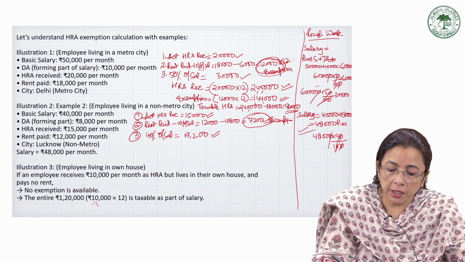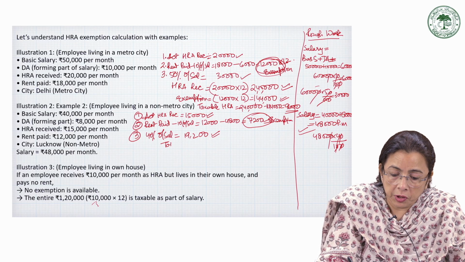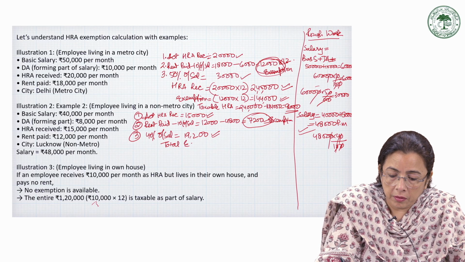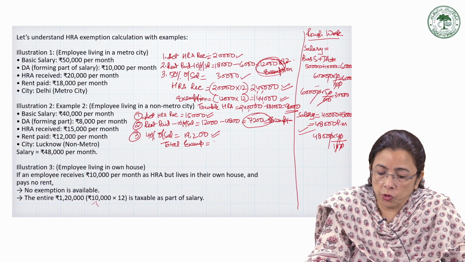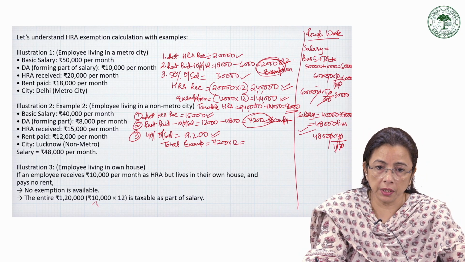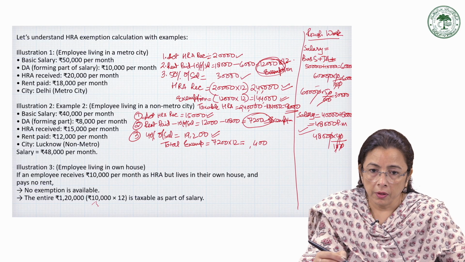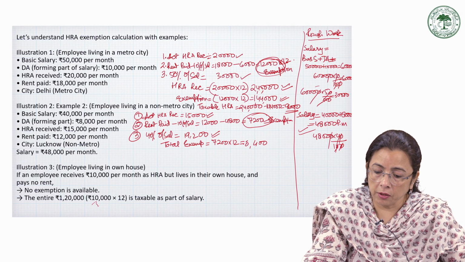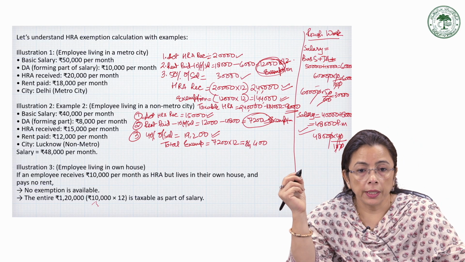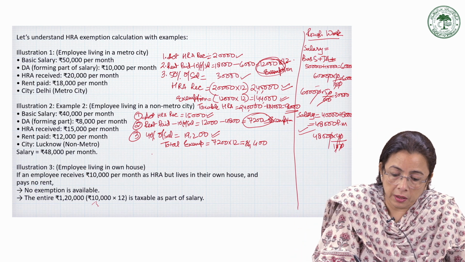Therefore, for calculating the total exemption, the total exemption is rupees 7,200 into 12 months for the complete year. This comes out to be 86,400.